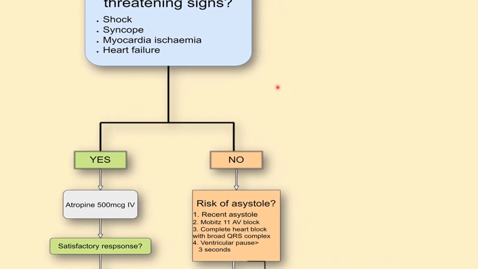In the absence of life-threatening signs, patients should be assessed for any risk of asystole. Risk factors for asystole include history of recent asystole, Mobitz type 2 AV block, complete heart block with broad QRS complexes, or ventricular pauses for 3 seconds or more.